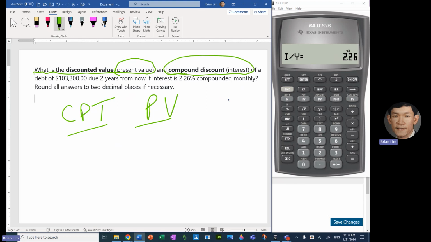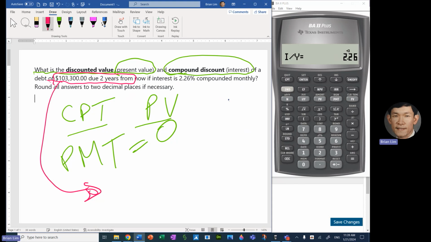But to get to the present value, we have to put in 2 more numbers before we can do that. PMT is equal to 0, and then right over here we have this due in 2 years from now, so this number right here, the future value, is equal to 103,300.